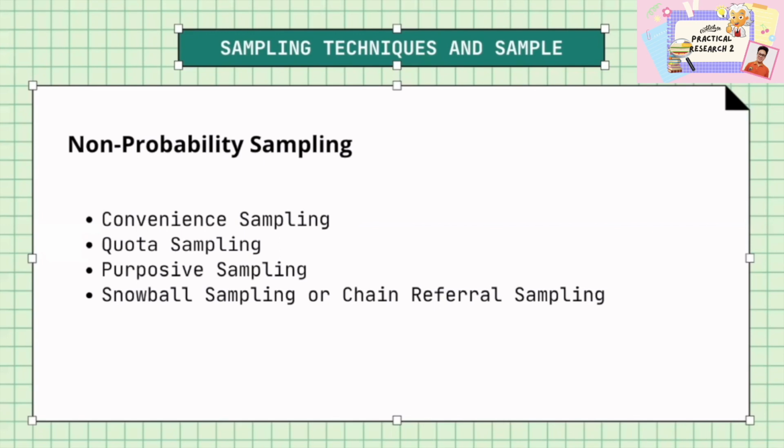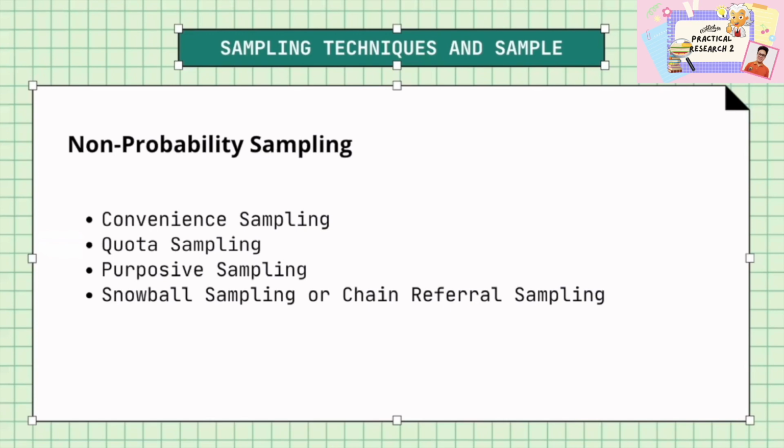Just stick with the given examples I gave you so that you will not be confused. Again, my first example for the convenience sampling is that after determining the sample size of your population, let's say, for example, you have the elementary pupils or the elementary students, okay?